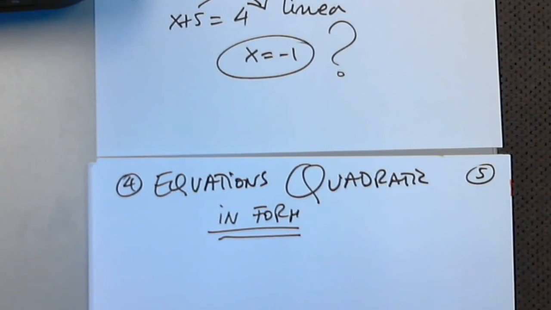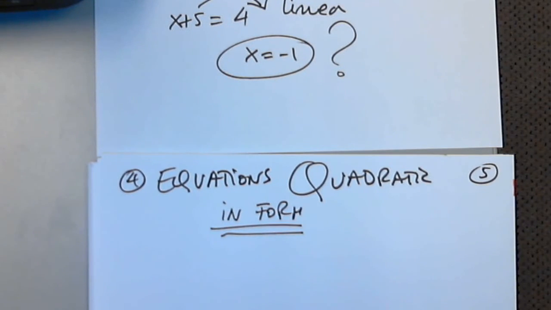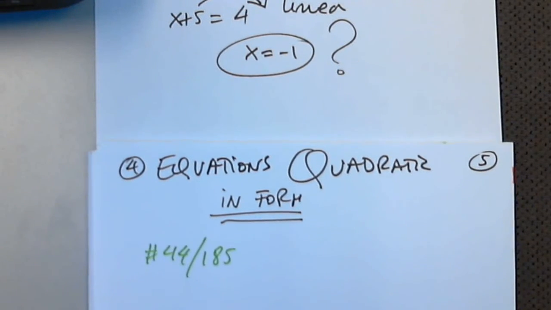What does that mean? It means definitely not quadratic, but equations that can be replaced by quadratic equations. Sounds interesting, I hope. Okay, so let's take a look at an example here. Let's say number 44 on page 185.